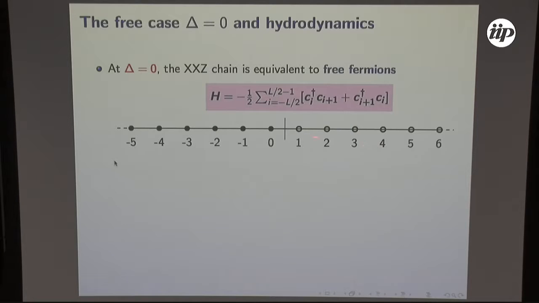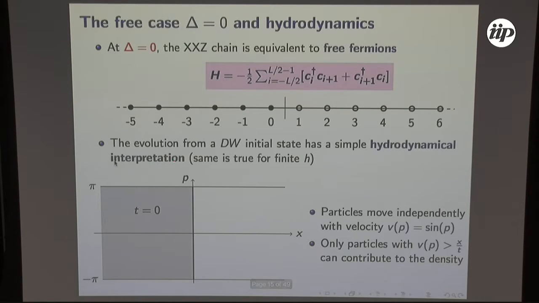It's not difficult. If you want to work out the current and the magnetization profile, you have to do a stationary phase analysis of the correlation function, which of course I will not do, but there is a simple interpretation of the result, which is very nice, and it boils down to essentially a hydrodynamical interpretation.